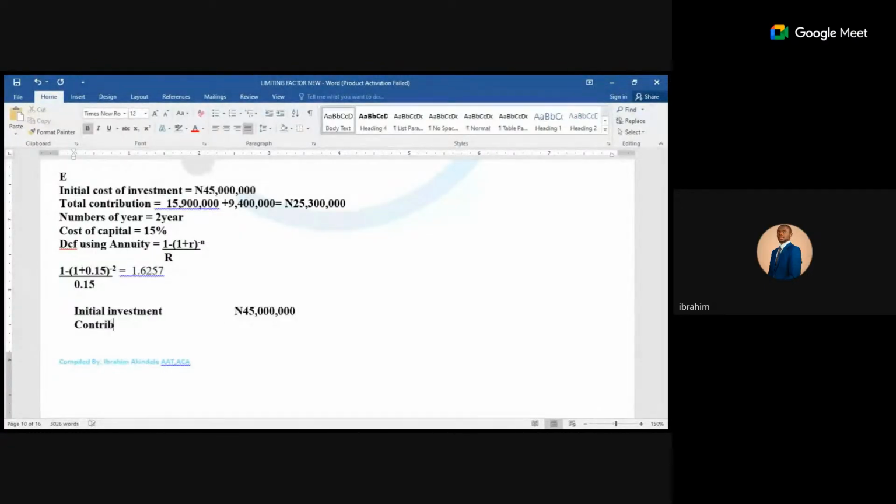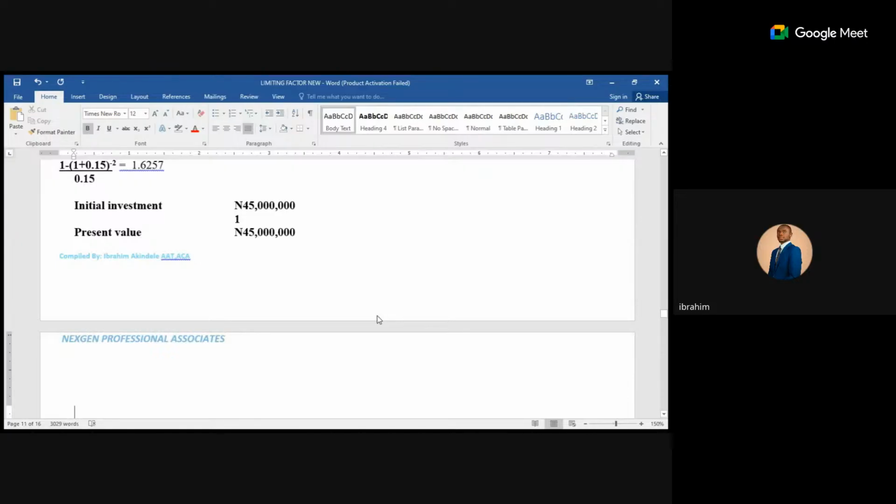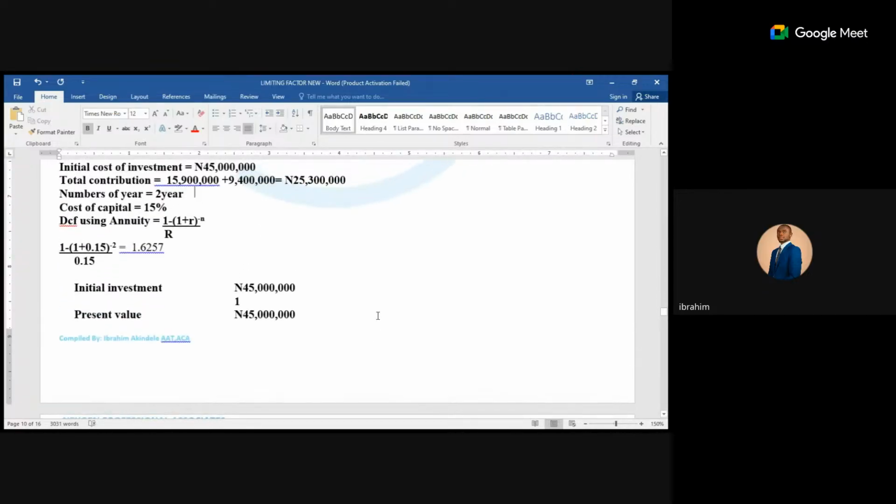This will be at year 0, so this will give us the present value at year 0. Then the contribution is 25,300.